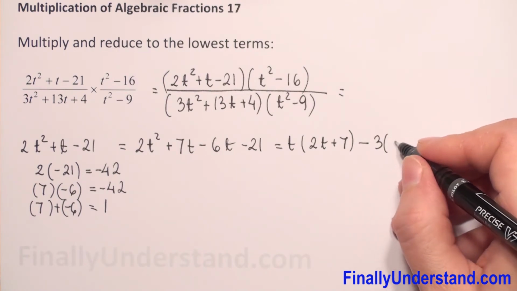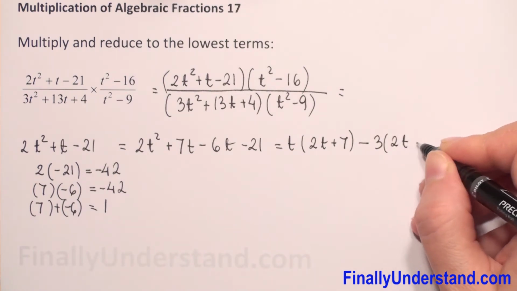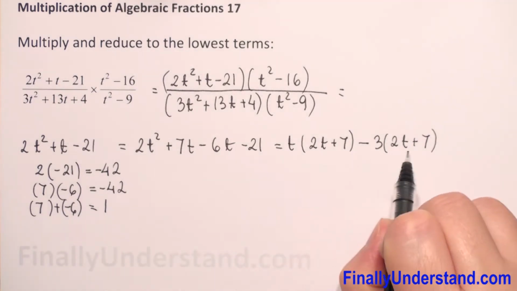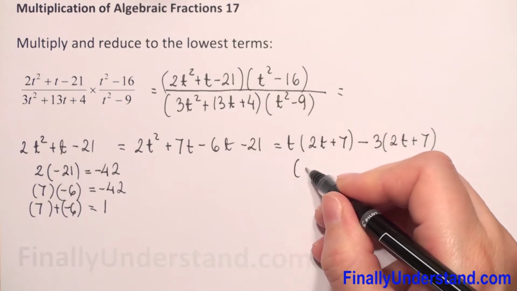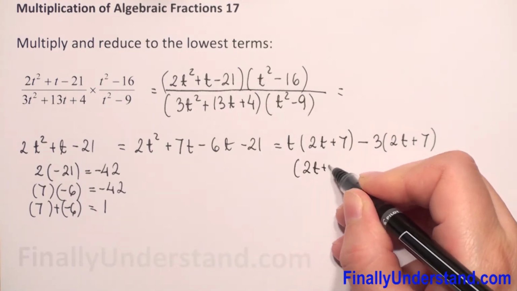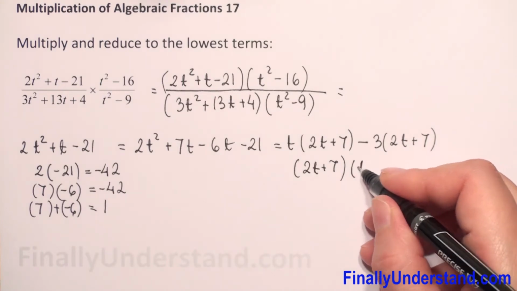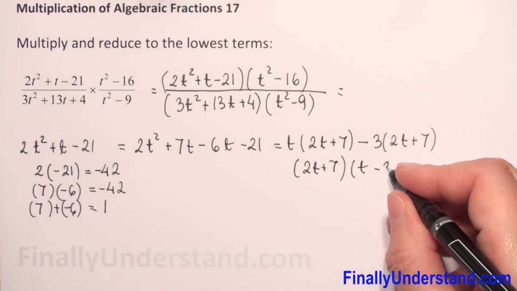So in parentheses I will have 2t plus 7. So now we have the same expression in parentheses, so we will factorize 2t plus 7, and whatever is left will be in the second parenthesis, so this is t and negative 3.